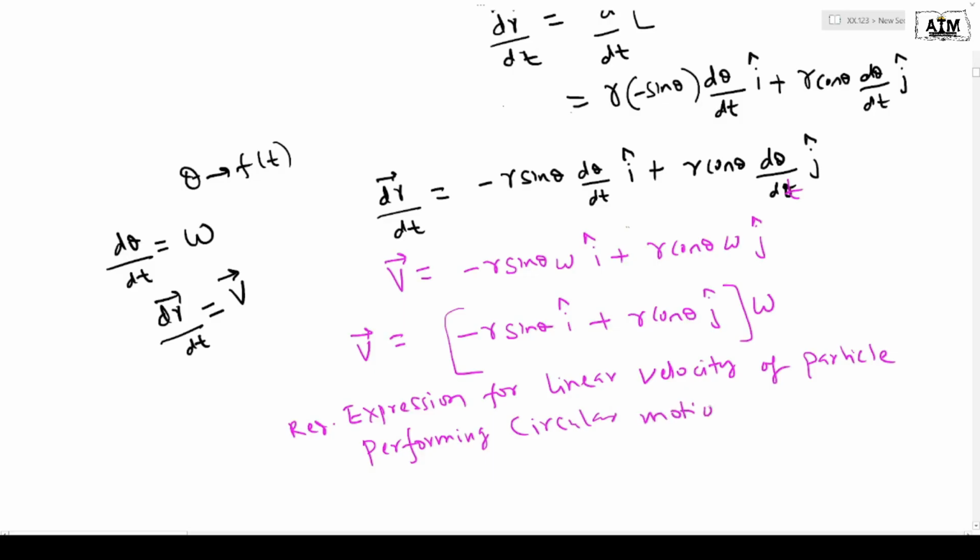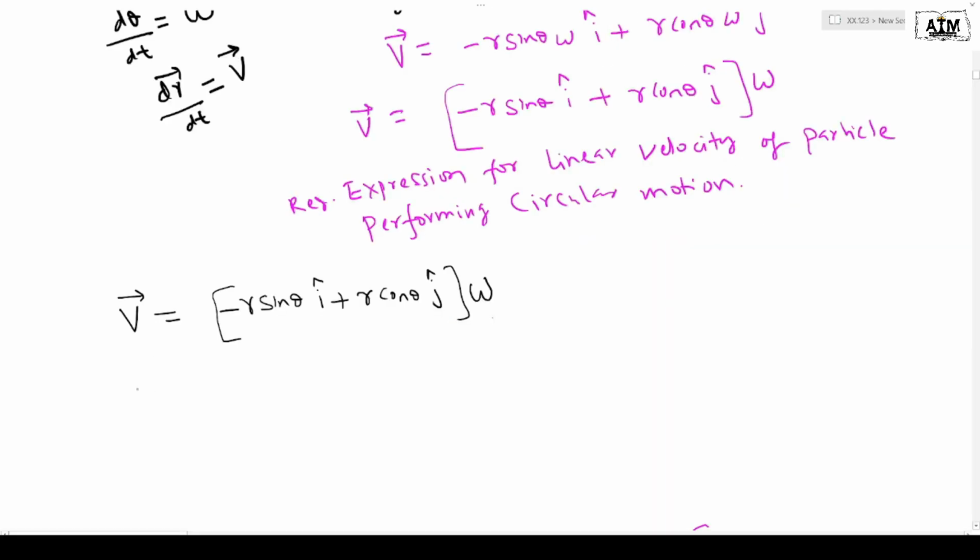Now we will find the expression for acceleration of the particle. Acceleration of the particle is nothing but the derivative of v with respect to t.